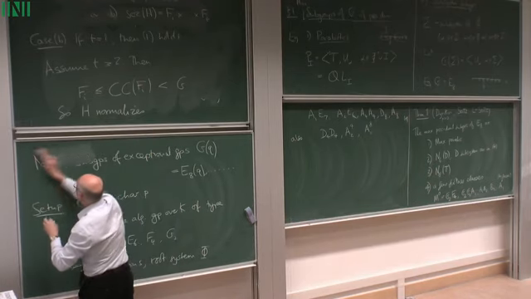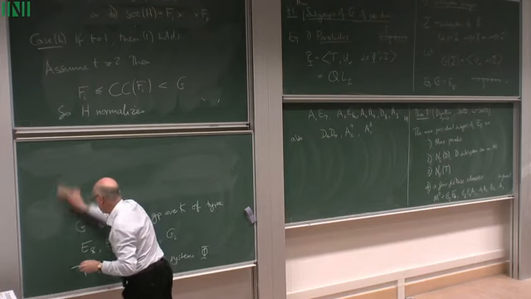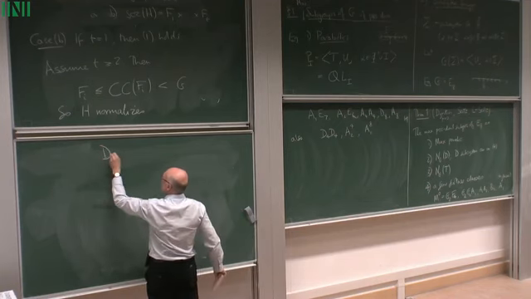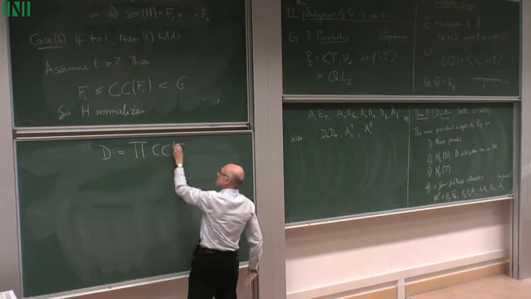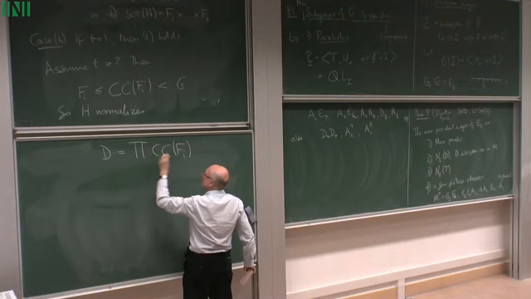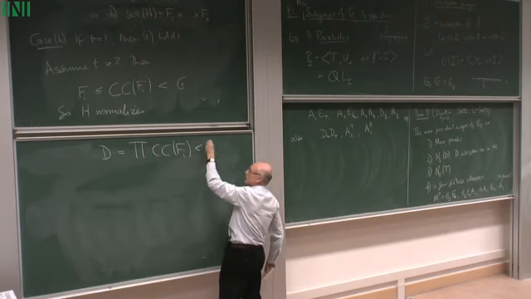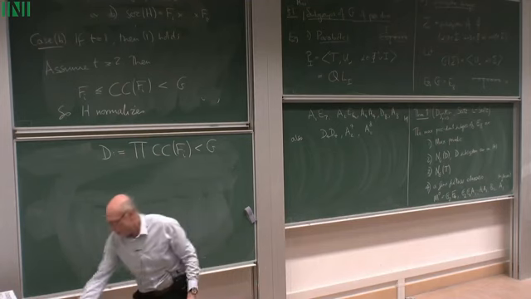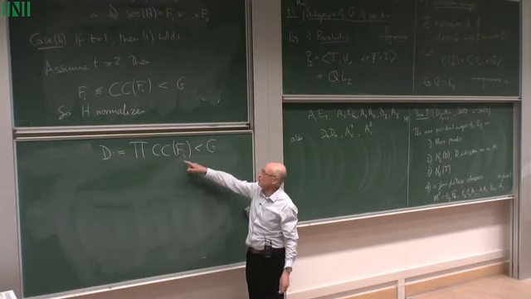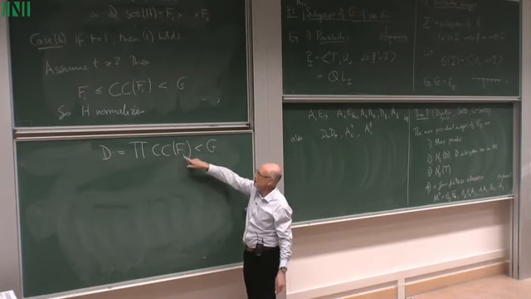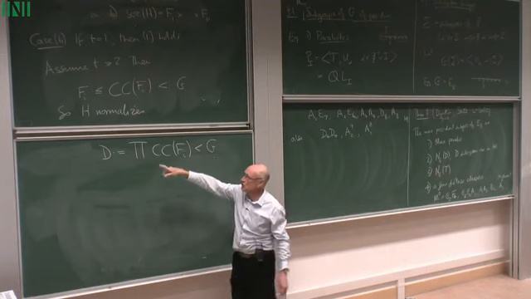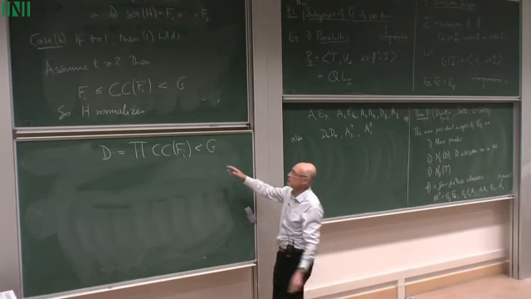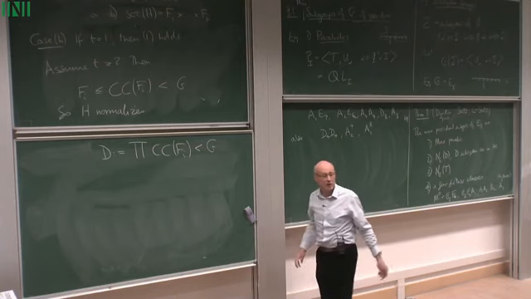So what's the point of all that? H normalizes, let's say, D equals the product of all these double centralizers, which, as I said, is just a commuting product, so this is still a proper subgroup of G. Well, this double centralizer on the face of it could just be a finite group, but if it's infinite, then H normalizes some group of positive dimension, and if we take a maximal such group of positive dimension normalized by H, we're in the situation of our theorem 1. That'll be very good.